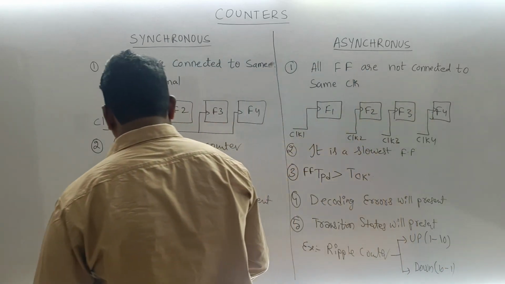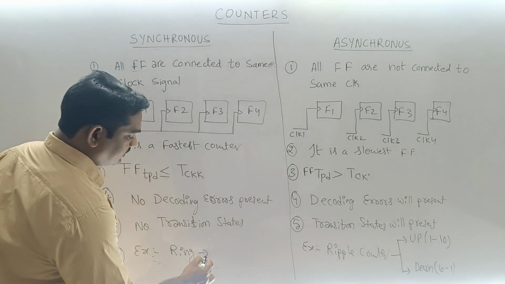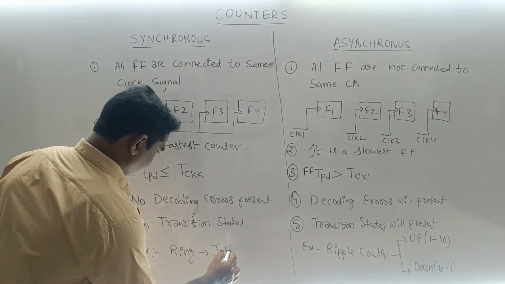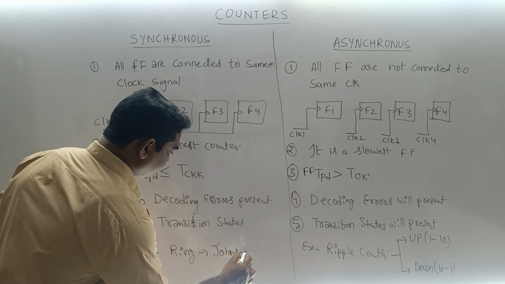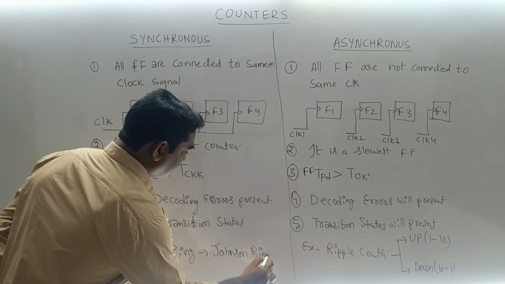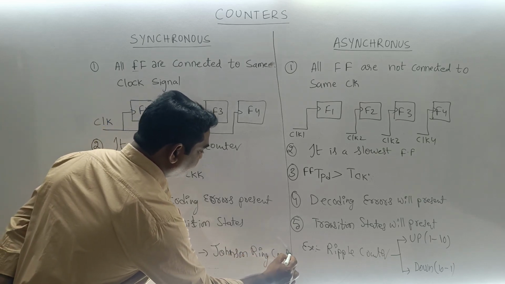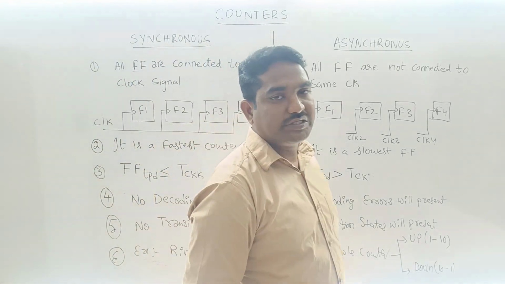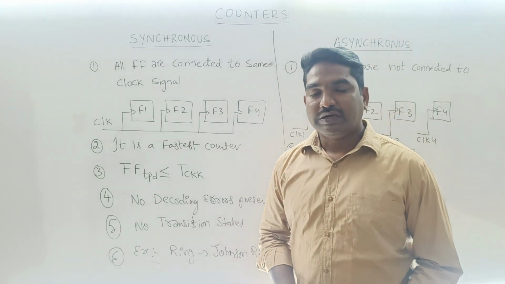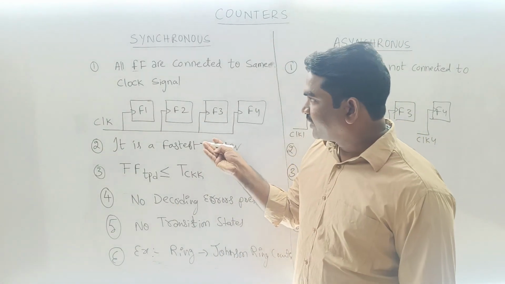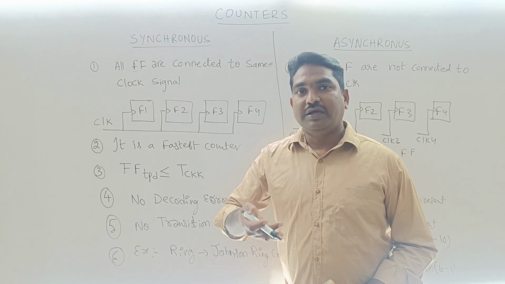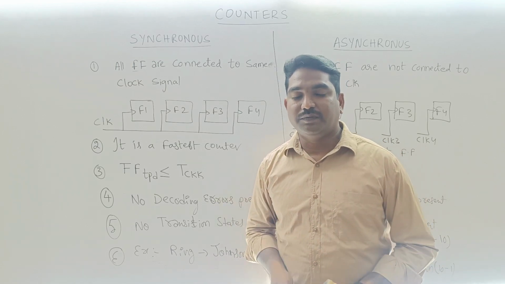And in the ring counter we will see one important counter, the Johnson ring counter. These are the basic differences between synchronous counters and asynchronous counters. Each statement we are going to understand while we analyze the different types of counters.